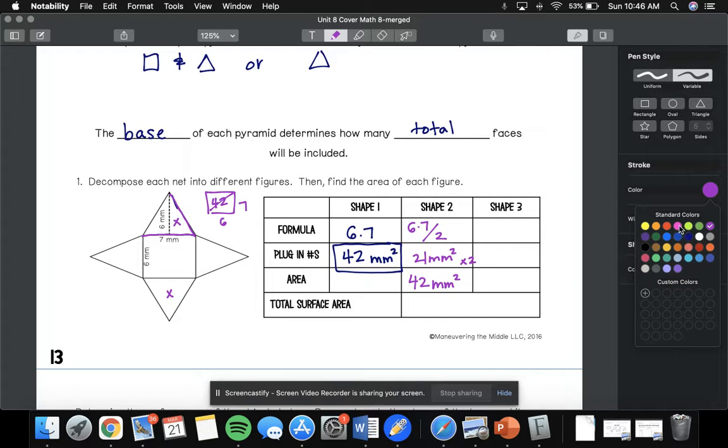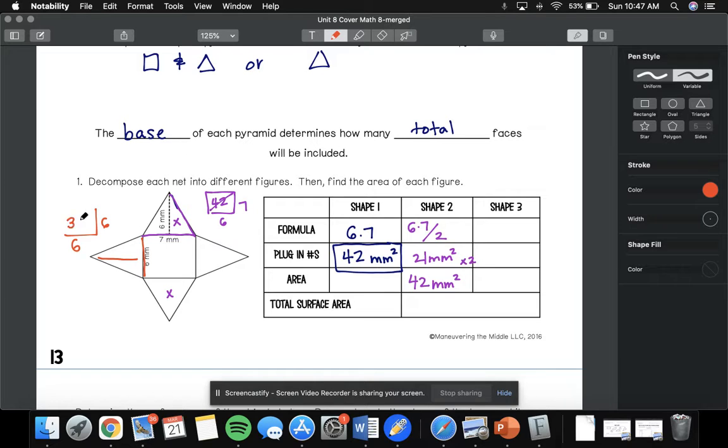Next, we have the left and the right side. I have 6 by 6, and this is the lateral height, so it would also be 6. We would multiply 6 by 6 and get 36. But again, it's a triangle, so let's cut it in half.